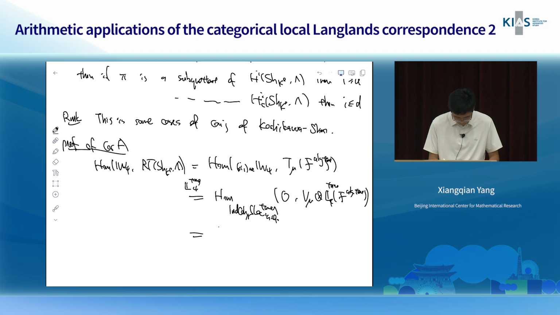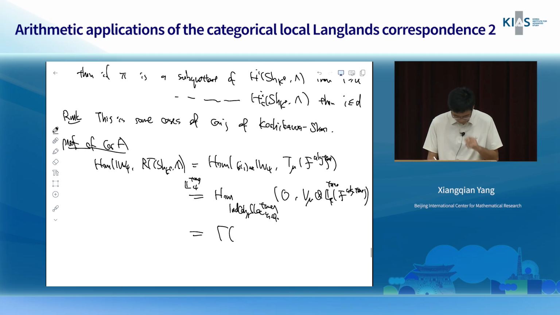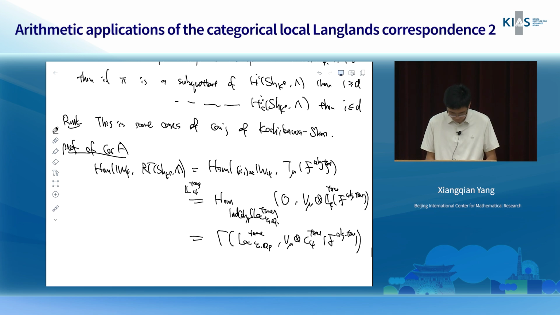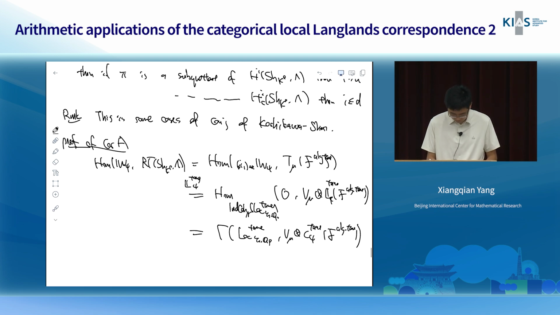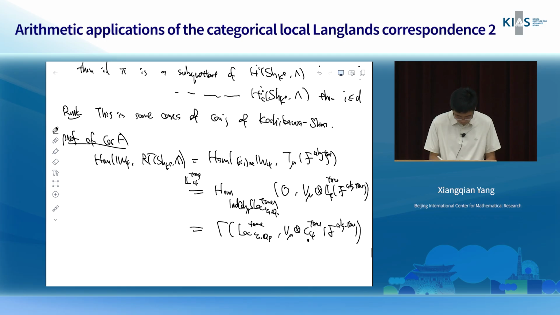So this is really the sections on log tame LG of Q_p of V_μ tensor this tame Ψ of this object. And then we know that this is t-exact, so together this is in degree greater than or equal to 0.